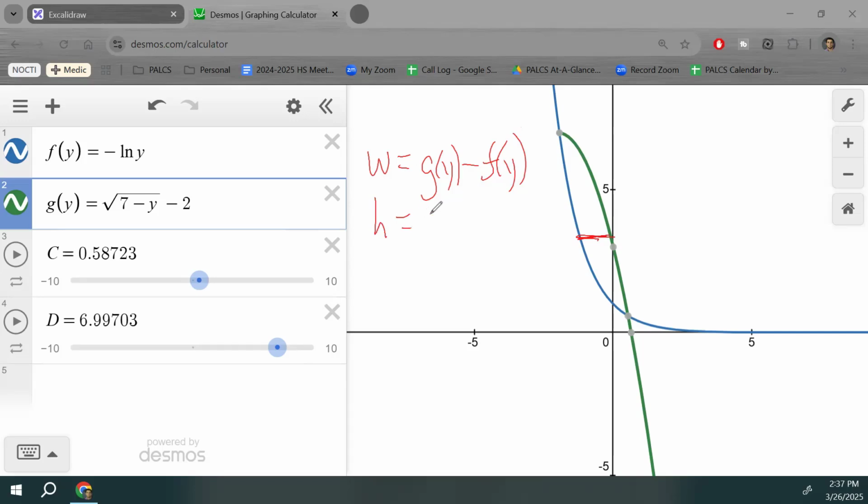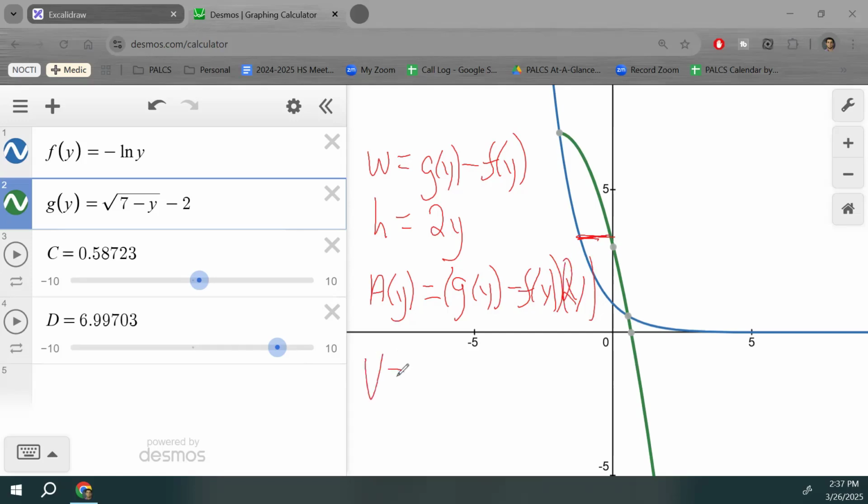And they said the height is equal to twice the y-coordinate. So if you imagine as we integrate from bottom to top instead of left to right, the y-coordinate's going to go up. So the area function is going to be g of y minus f of y times y, 2y rather.